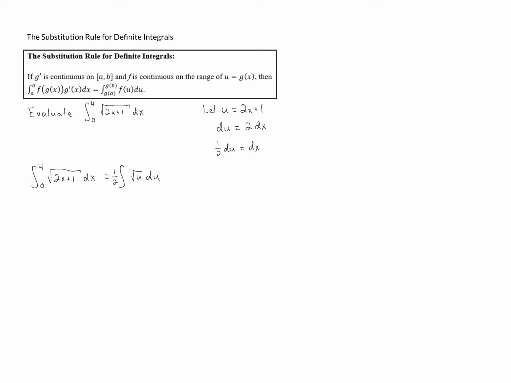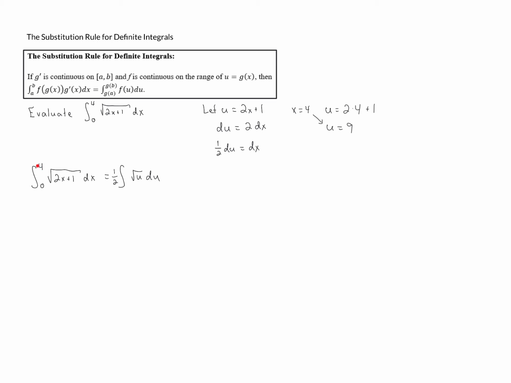But this is very easy. If we look at that upper limit 4, if x equals 4, well, we know that u is 2 times x plus 1. So we can write 2 times 4 plus 1. And we know that that equals 9 because 2 times 4 is 8, and adding 1 gives us 9. So that tells us that when x is 4, the corresponding value of u is 9.